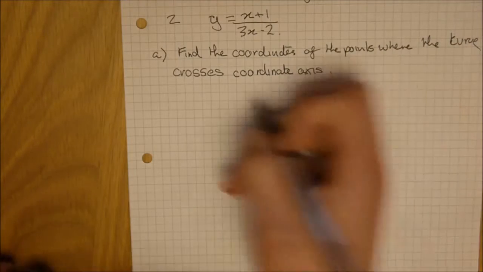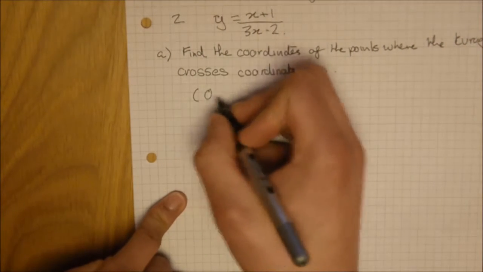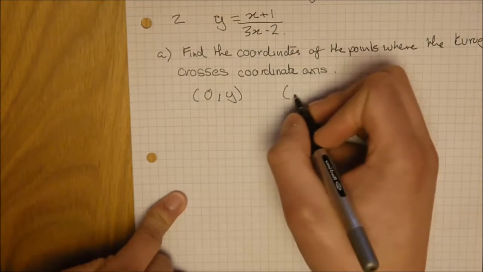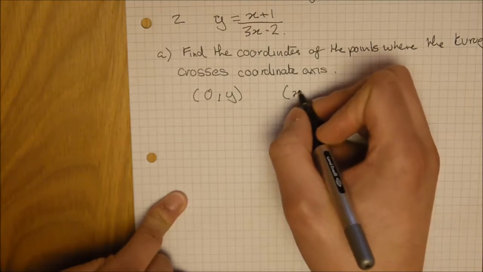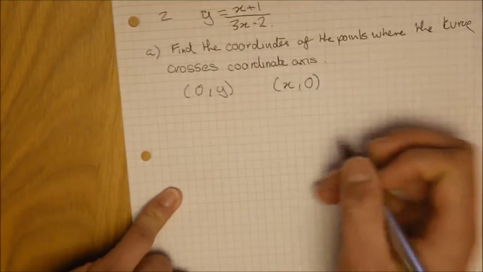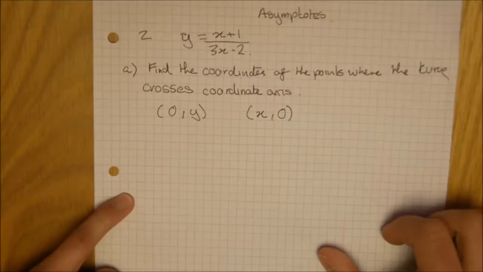What this means effectively is: when x is 0, what is y, and when y is 0, what is x. Hence you can see what I've written below.